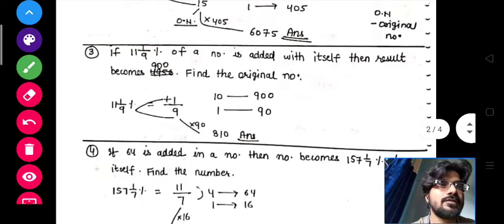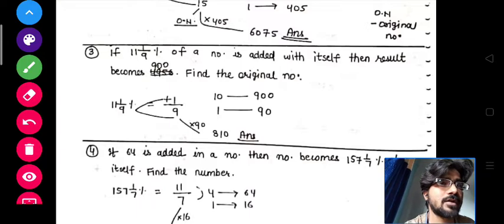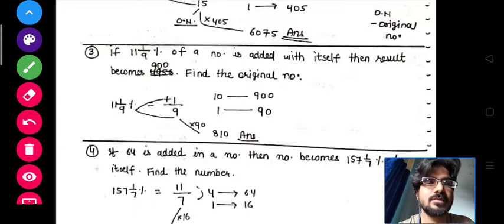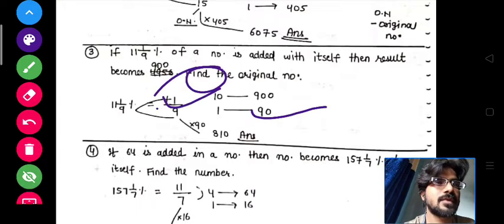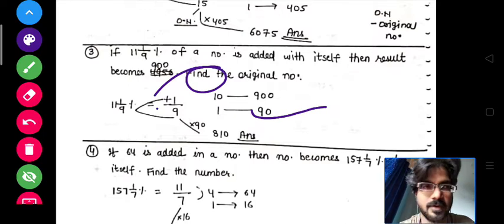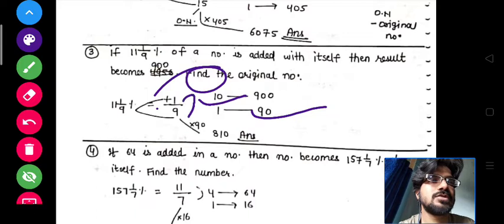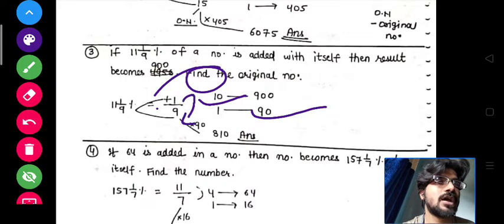Next we have: if 11 1/9% of a number is added with itself, the result becomes 900. So 11 1/9% of a number is 1/9. 1/9 is added with itself, it means 9 plus 1, 10.